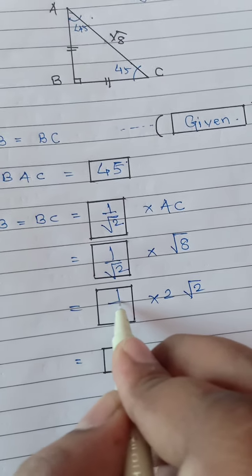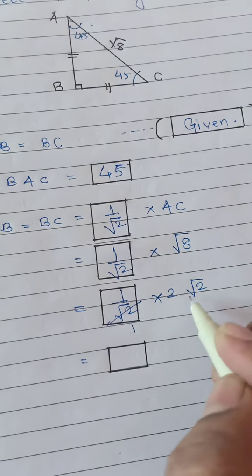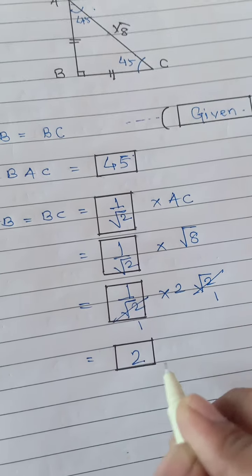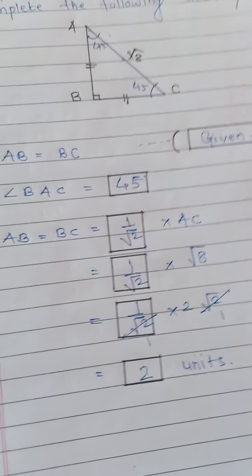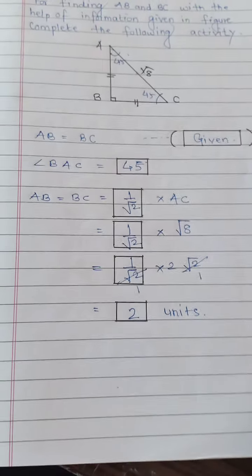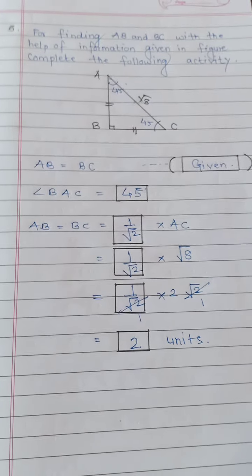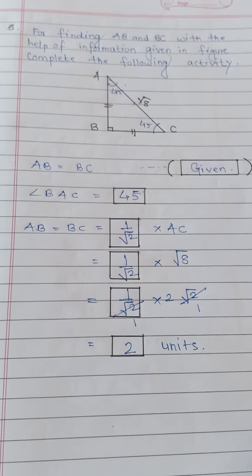Again here comes 1 upon root 2. Now this root 2 gets cancelled. So what remains? 2. So our answer of AB and BC equals 2 units. I hope you all have understood this activity part. Copy this activity in your notebook.